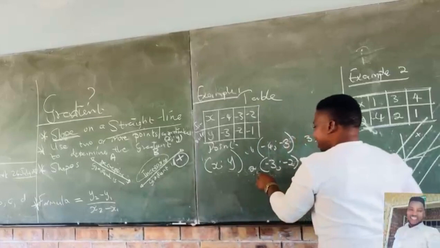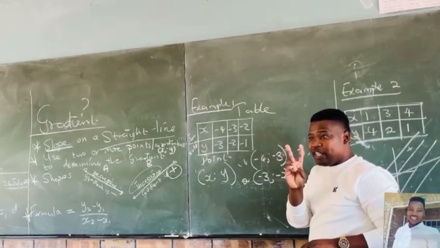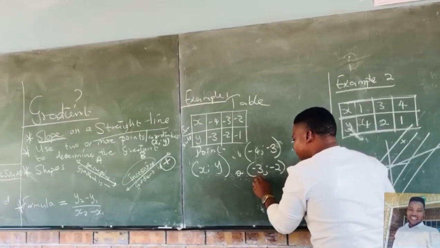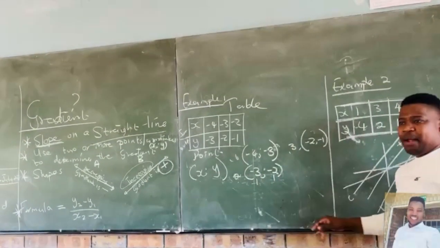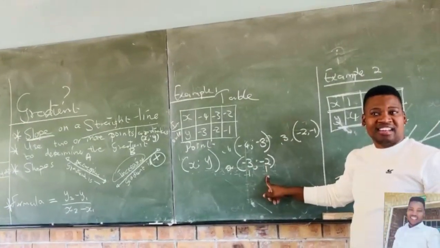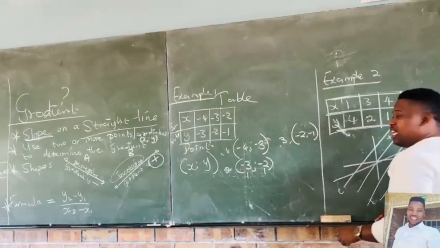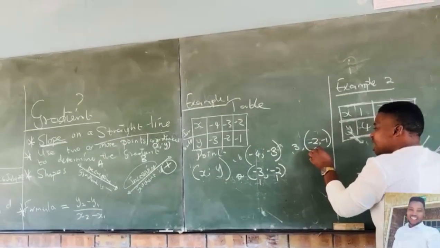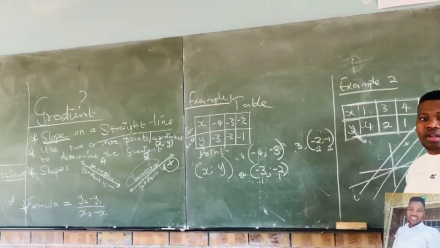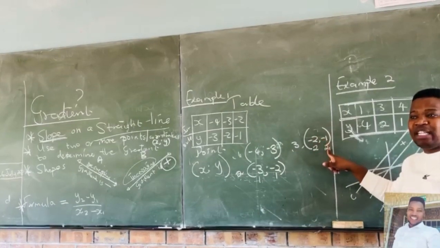Now, when we choose point number 2 and point number 3, we are having two coordinates. Point number 2 becomes x number 1 and y number 1. Then point number 3 is going to become x number 2 and y number 2.